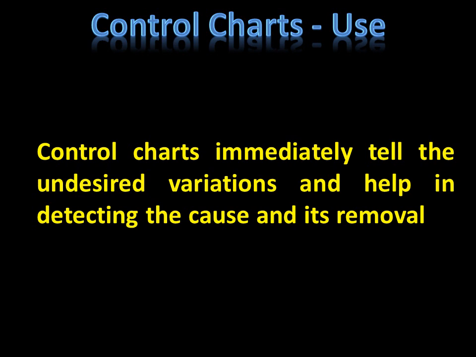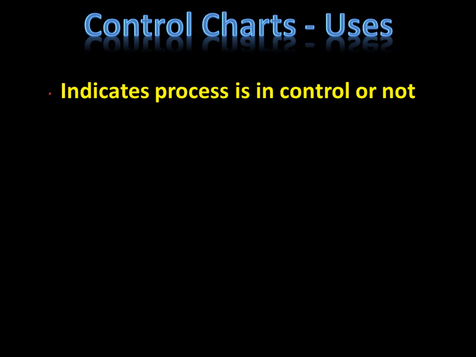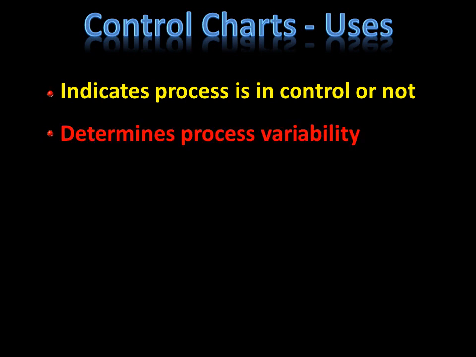From this, we can list out some of the important uses or advantages of control charts. Indicates whether the process is in control or not. It detects variation from earlier set limits, and one can understand undesired variations from the points which fall above or below the upper and lower control limits.